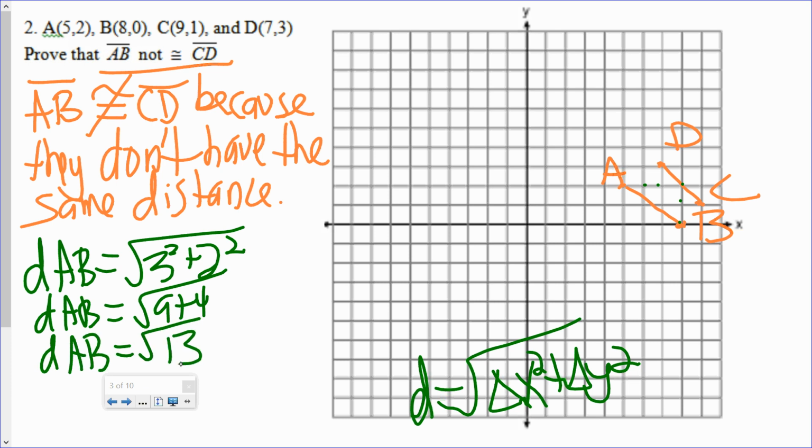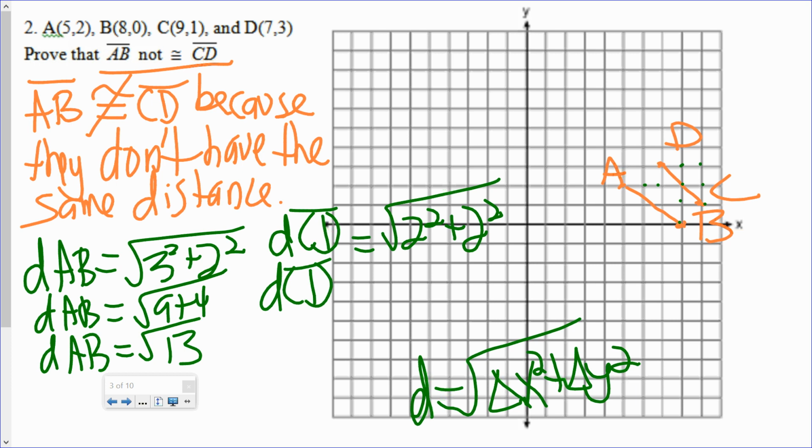Rad 13. Now I'm going to find the distance of CD. 1, 2, 1, 2. Delta x is 2, delta y is 2. Distance of CD is rad 8.